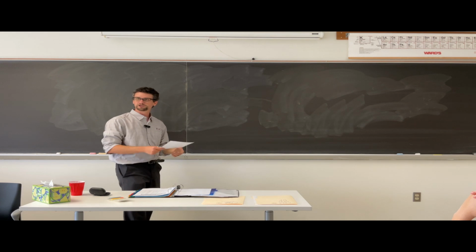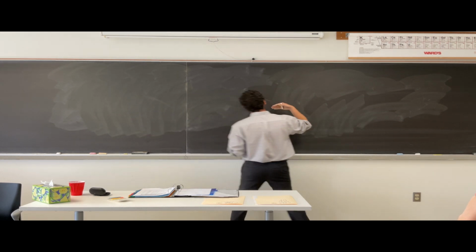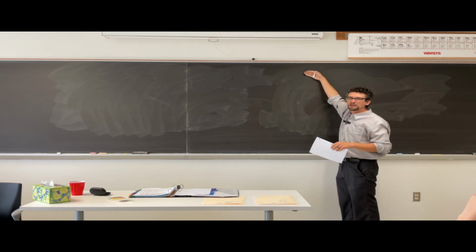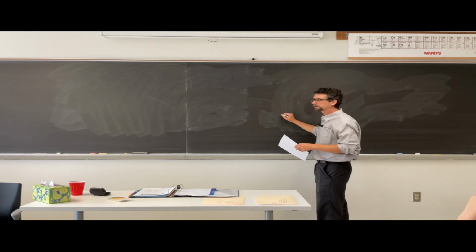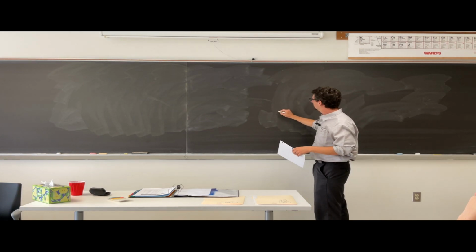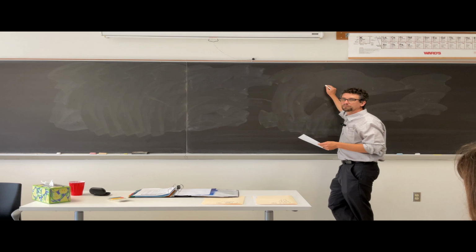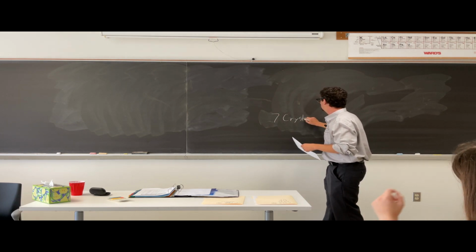Let's talk about symmetry. Earlier, we said we were going from more basic or less information to more information, and we had a hierarchy. Do you guys remember what that hierarchy was? Yep.